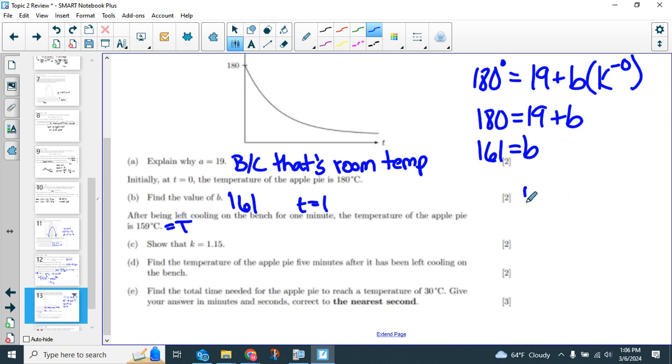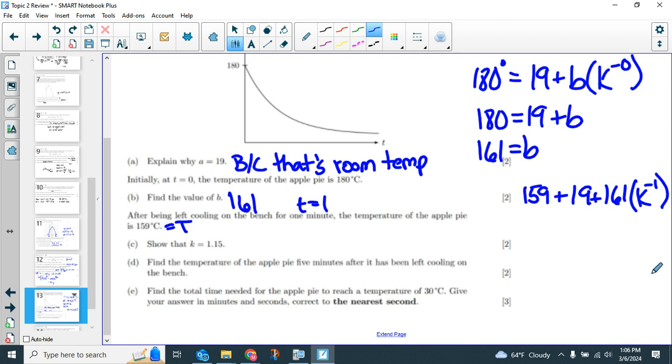So I could say 159 equals 19 plus, we now know that B is 161, so plus 161 times k to the negative first power.